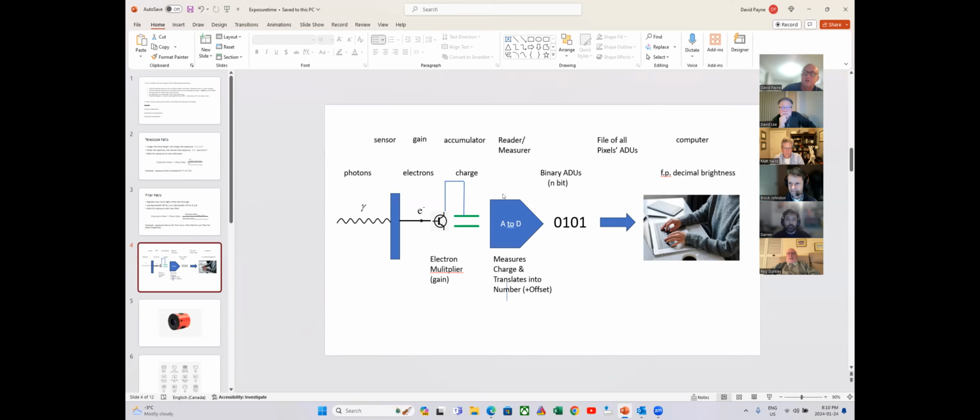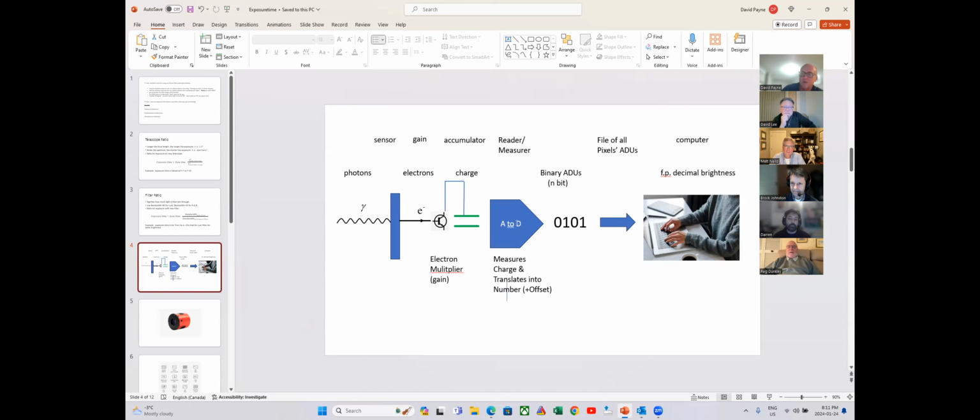different ADUs. So what comes in is photons, that's translated into electrons, accumulates as a charge, and then that analog charge is converted into what are ADUs. I can't even remember what ADUs stand for, but the U, I'm pretty sure, is units. So it's just units of charge.